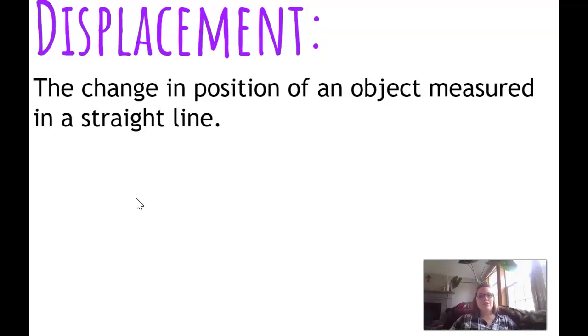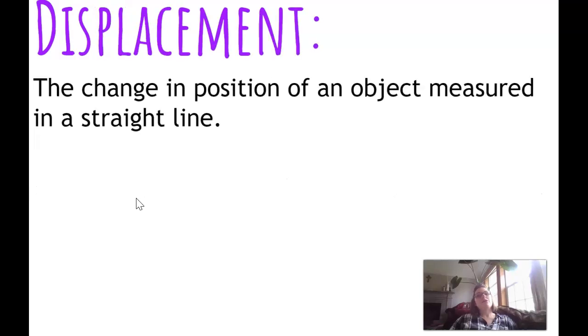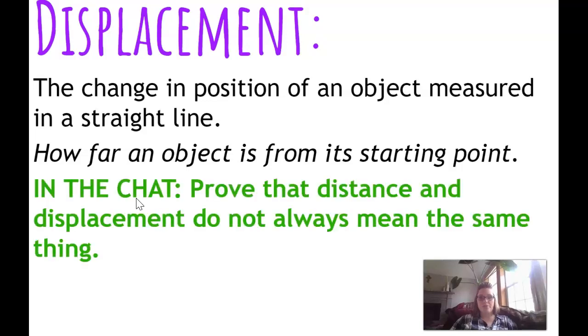The change in position is the same, but somebody who's traveling along the ground goes a much greater distance because they're not traveling in a straight line. So displacement is how far an object is from its starting point. We have to know where it started in order to know how much it moved out of its initial position.